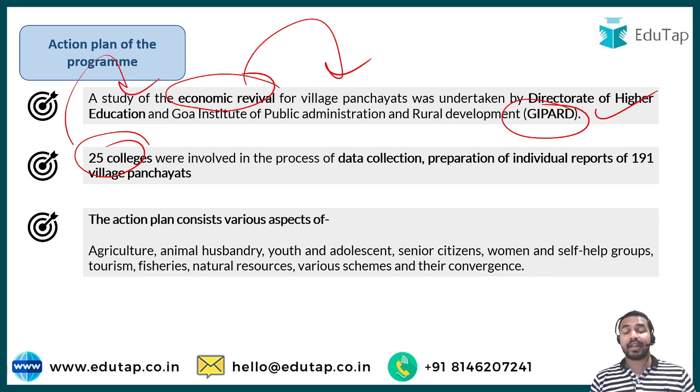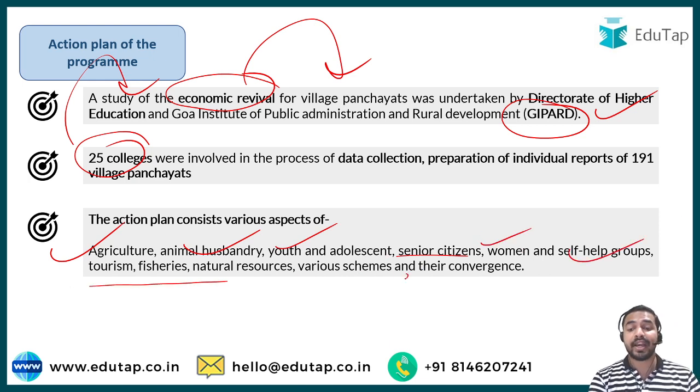The action plan comprises various sectors such as agriculture, animal husbandry, youth and adolescents, senior citizens, women and self-help groups, tourism, fisheries, etc. So this was one of the very important programs launched by the state government of Goa, and I hope that all the details of this program and this question are very much clear to all of you.